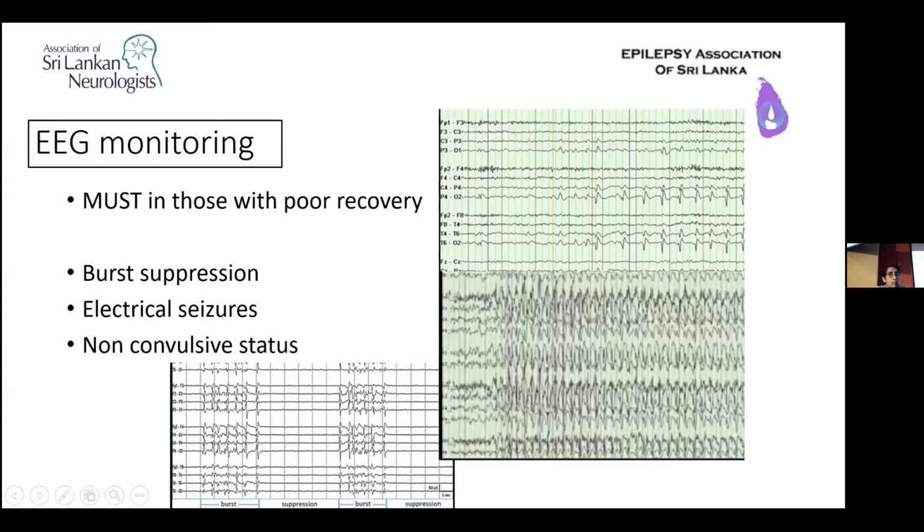You might be seeing electrical seizures going on for a long time, which you might have to treat. And most importantly, you might be seeing non-convulsive status. Now, the electrical seizures, you have a choice of treating or not treating. Non-convulsive status, usually you would have to treat, and your patient is not going to recover unless you treat that.